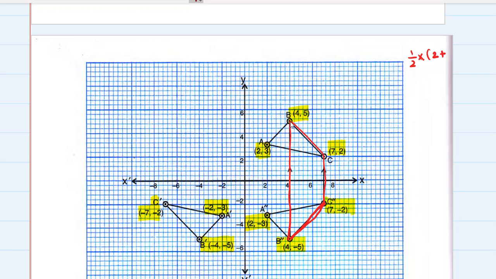See, this is half a unit. ओके, मैं जस्ट यहाँ पे इसको इरेज कर देता हूँ so that you can see it clearly. Okay, so this is half a unit, this is also half a unit, this is 1, 2, 3, 4 units. So 4 plus 1 is 5 units. Half into sum of parallel sides multiplied by the distance between them. ठीक है, so distance between them कितना है.